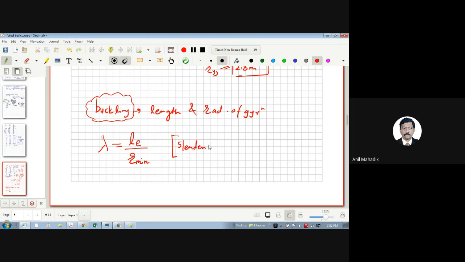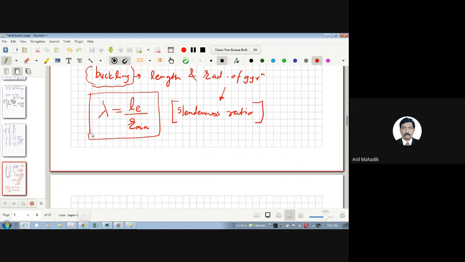If you want to calculate permissible stresses in a compression member, or the permissible capacity of compression, you need to consider the slenderness ratio. We already know that the more slender, the capacity is less.